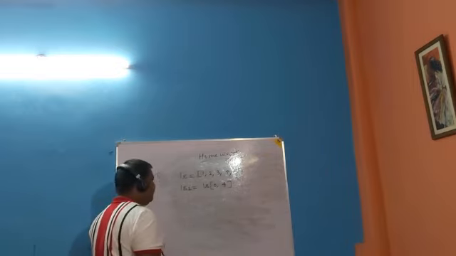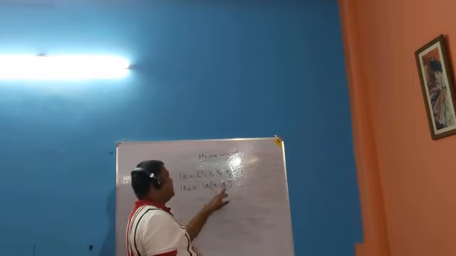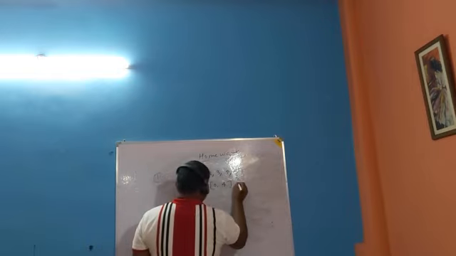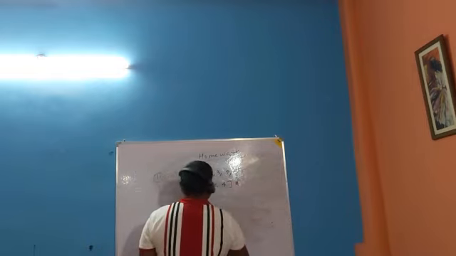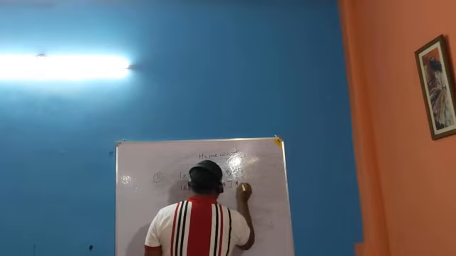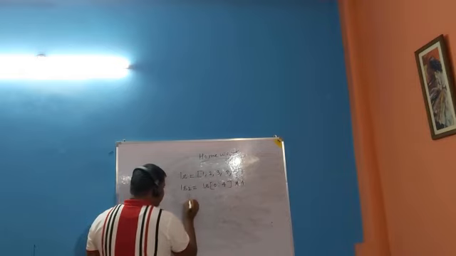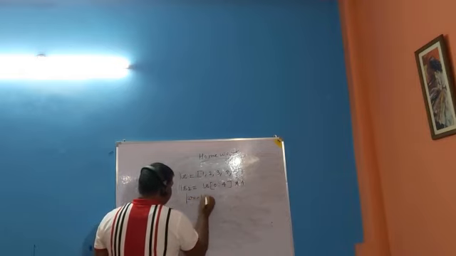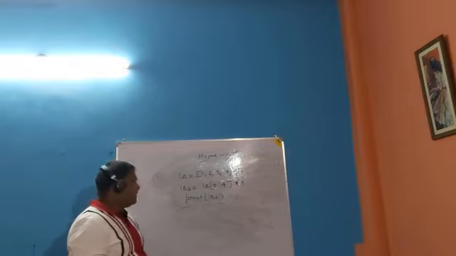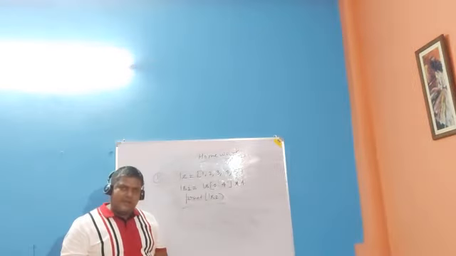So 0 to 4 means it has to return the values from 0 to 3, so 0, 1, 2, 3. Then we have print ls2. So thank you, class. Only this much homework. Find out and tell me. Thank you.